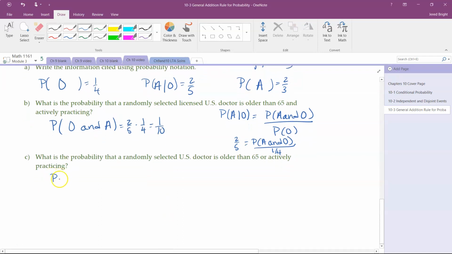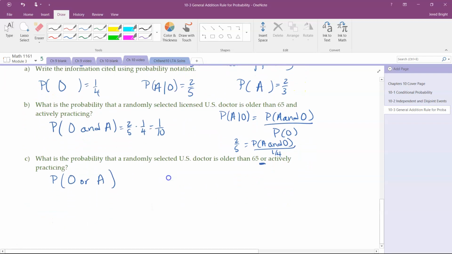Part C says, what is the probability that a randomly selected U.S. doctor is older than 65, so that's O, or actively practicing? Now this is where we have to use our general addition rule, which says this would be equal to the probability that they're older than 65 plus the probability that they are actively practicing minus their simultaneous occurrence, P of A and O. Substituting in the numbers, I get 1 over 4 plus 2 over 3 minus 1 over 10.